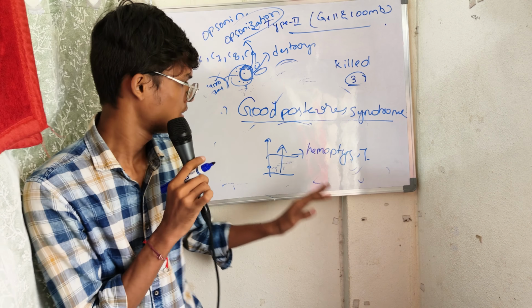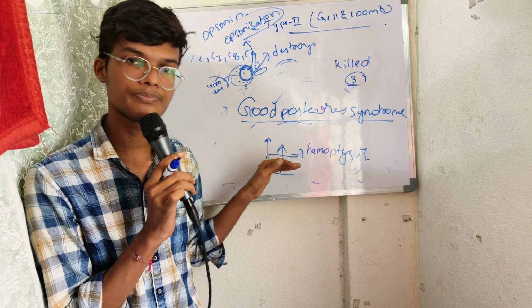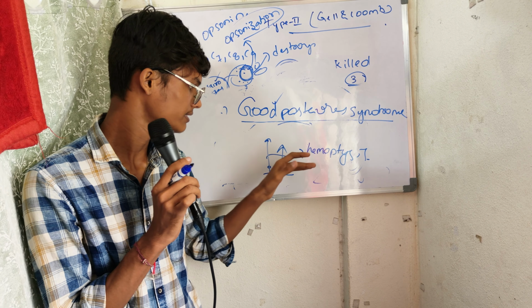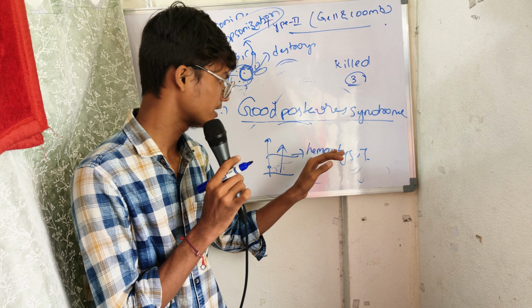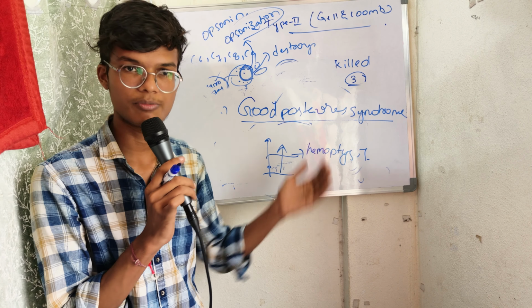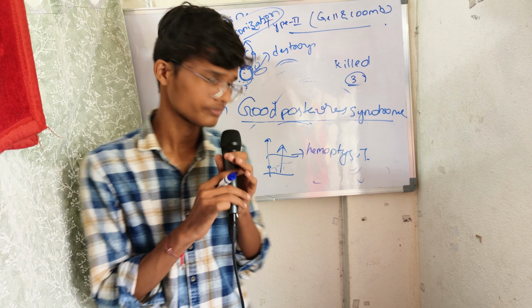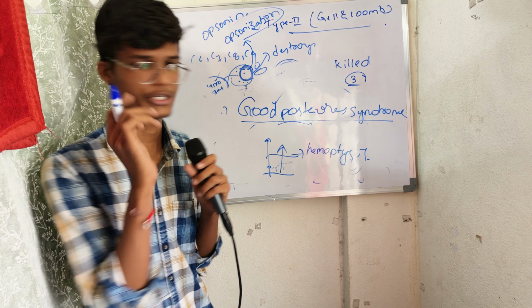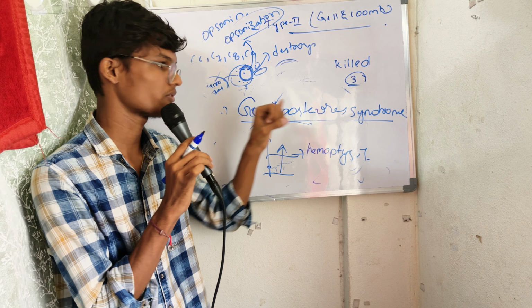So there will be destruction of the glomerulus and also the lungs. In the lungs there will be bleeding due to leaking of blood into the lungs, and in the kidney there will be loss of protein and loss of blood. So we can see hematuria and proteinuria. This is the classical triad of Goodpasture syndrome.